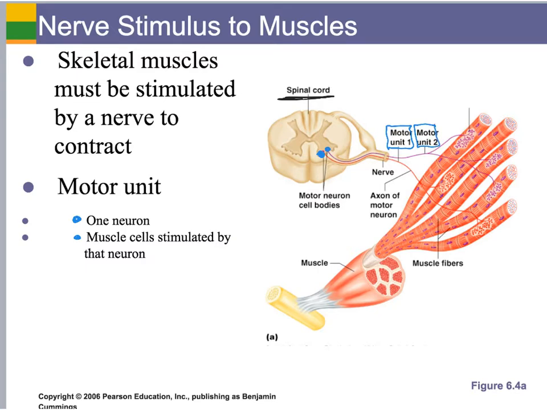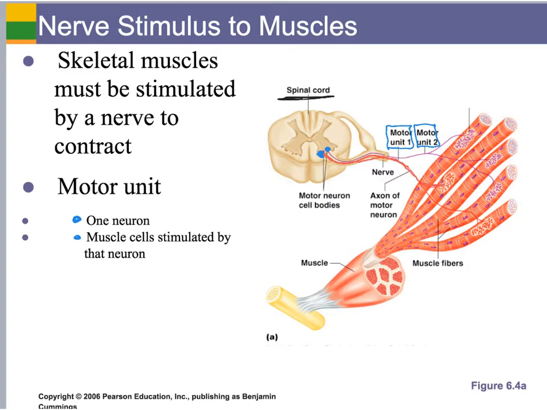If you look at motor unit 1, we can follow this long process, and we need to review what it's called. This is the axon.